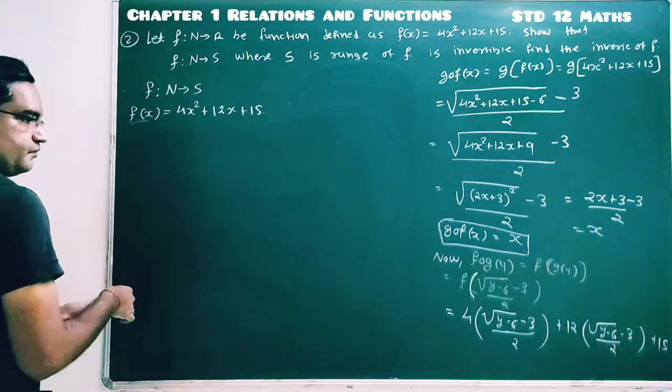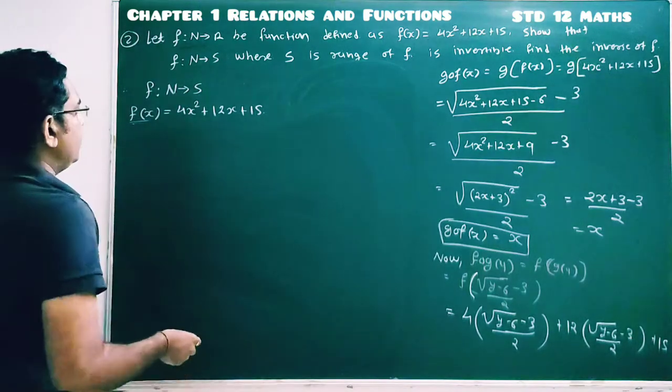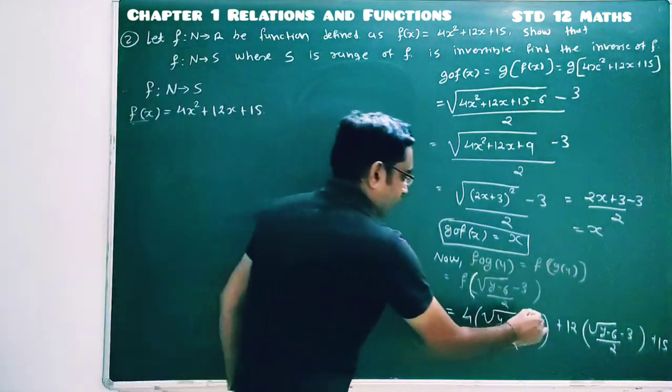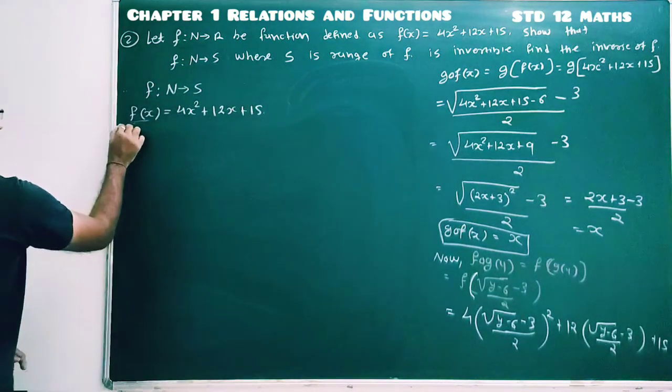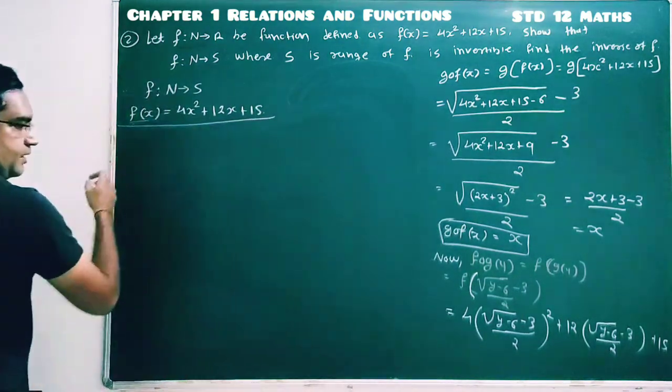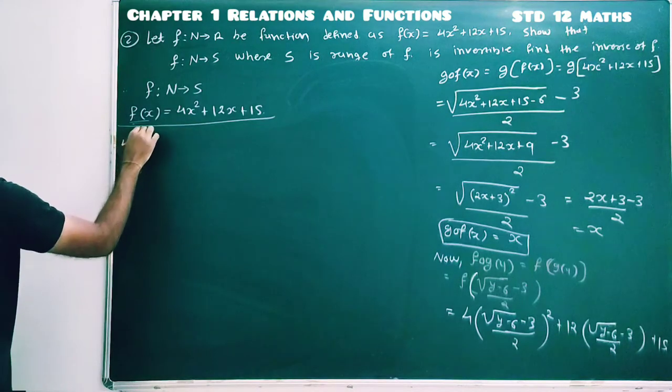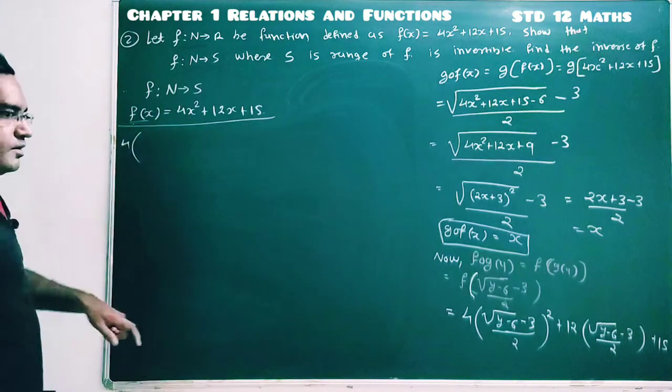So 4x square is there, this is square, so this is equal to, from here it is coming here, so 4 into, what is the square of this?